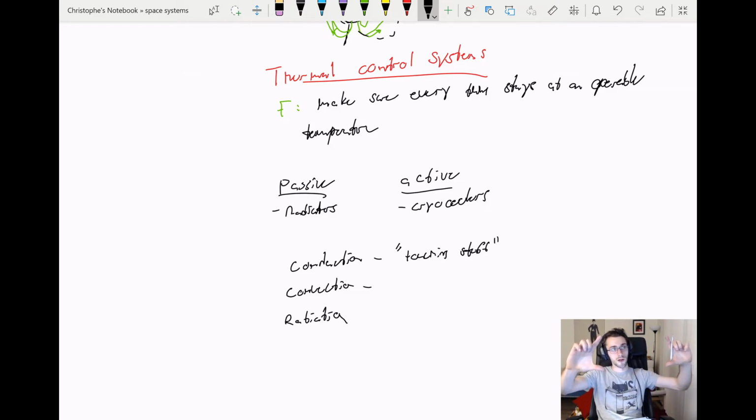You notice how they're always on the front, and that's because as you're driving your car, you're taking air coming in from the front of the car and flowing it over the radiator, thereby cooling off the coolant within the radiator. So that is fluid flow. You might also have heard this term used in convection ovens, where they take a hot fluid and flow it over whatever you're cooking in the oven, thereby transferring heat into whatever you're cooking. And yeah.